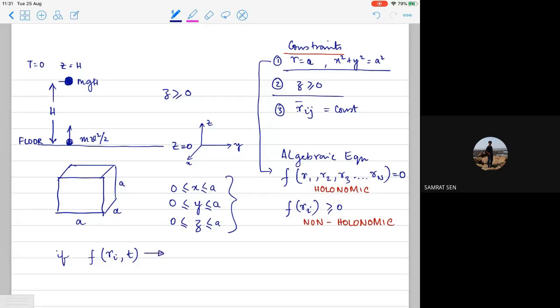If it is explicitly a function of time, it is called rheonomous constraints. And if the equation is independent of time, or explicitly time doesn't appear in the equation, it is called scleronomous.